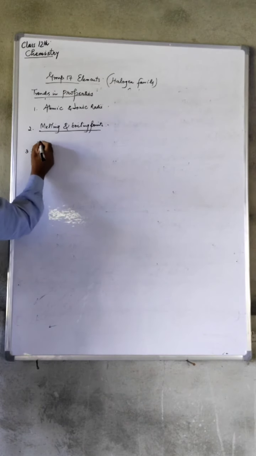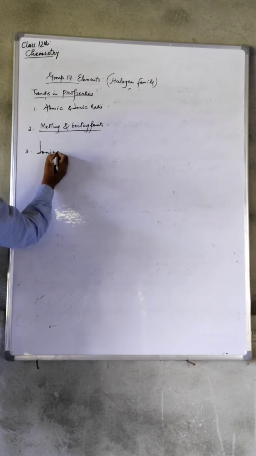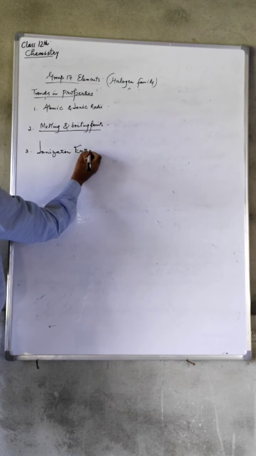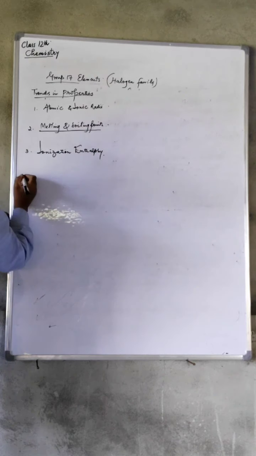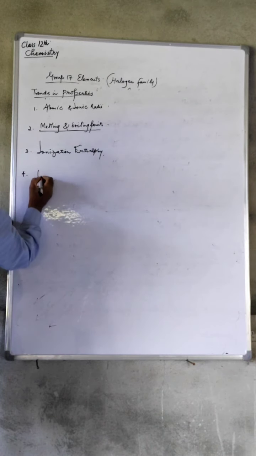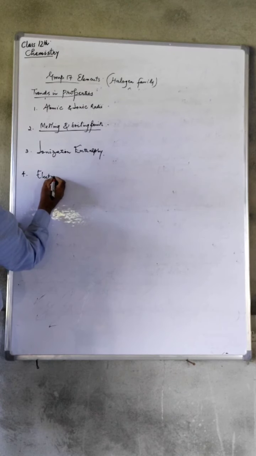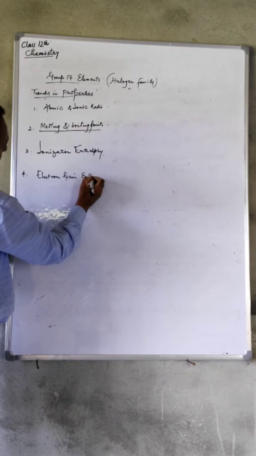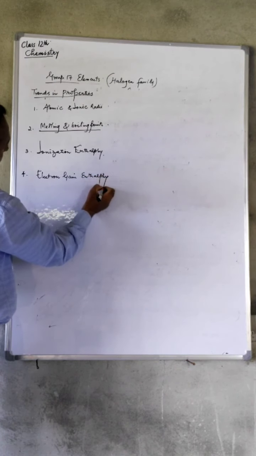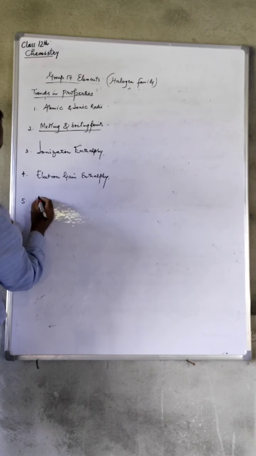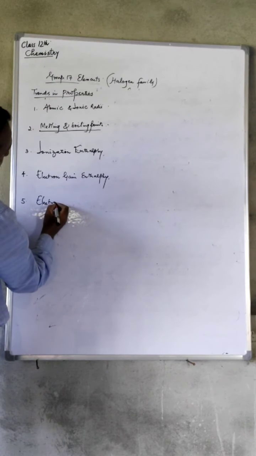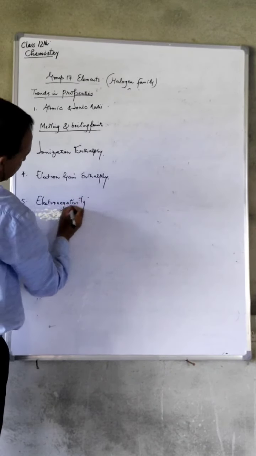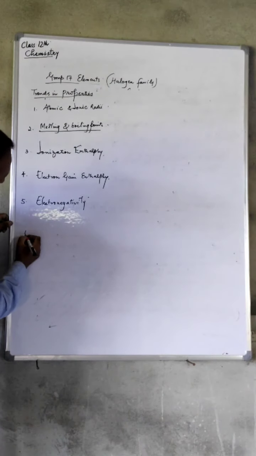Number third, ionization enthalpy. Number four, electron gain enthalpy. Number five, electronegativity. Then we will discuss oxidation state.